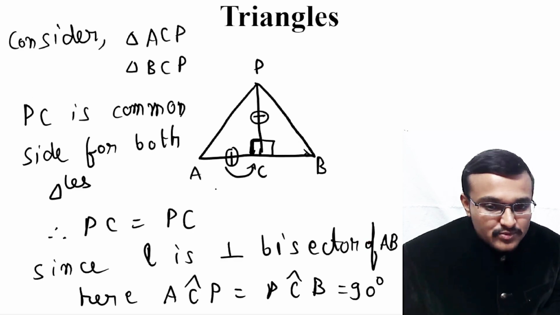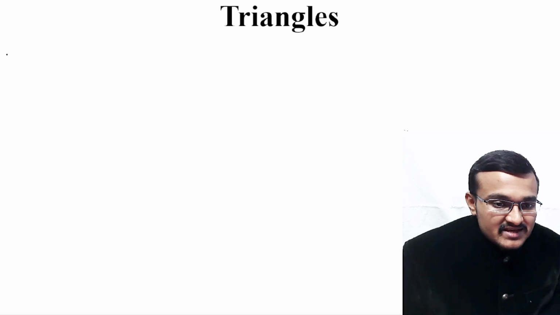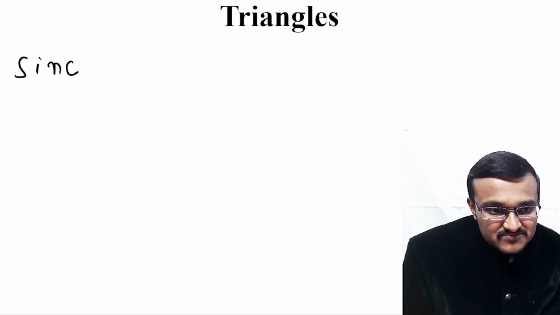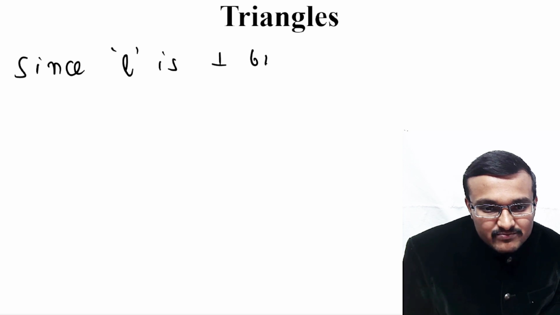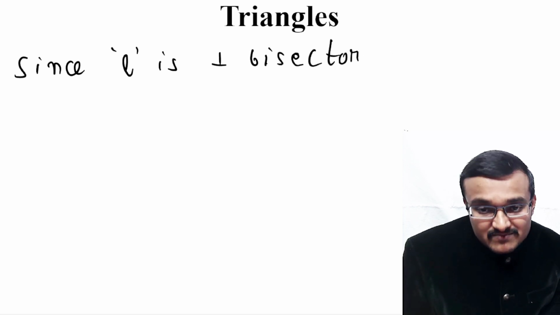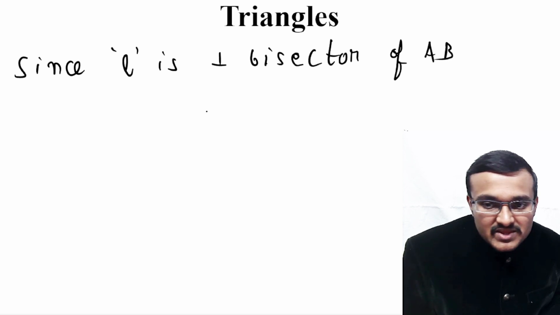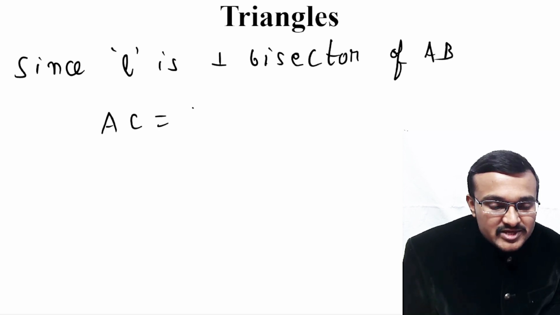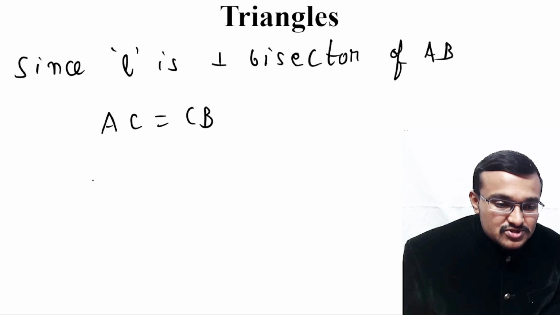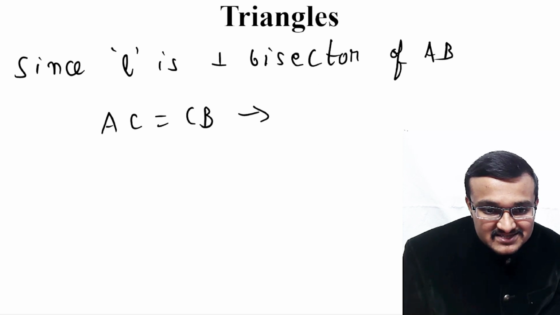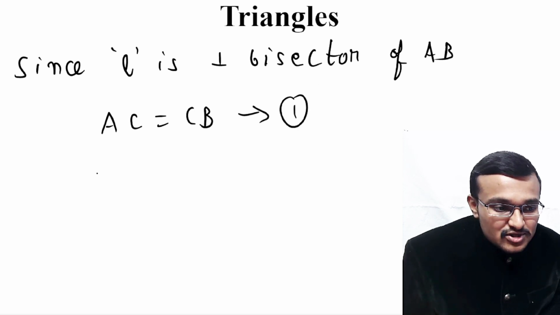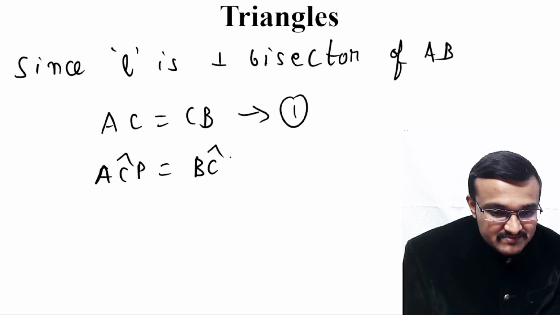Now we will prove AC is equal to CB. Since L is the perpendicular bisector of AB, AC should be equal to CB. So we are getting AC is equal to CB, and we are also getting angle ACP is equal to angle BCP.